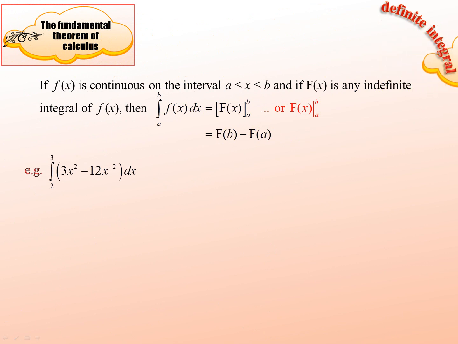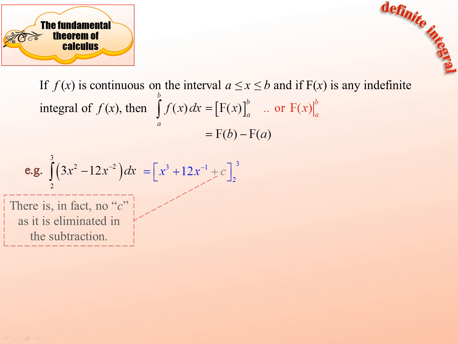Let's do an example. The integral from 2 to 3 of 3x squared minus 12x to the negative 2. Well, pretty straightforward to integrate. x cubed plus 12x to the minus 1.